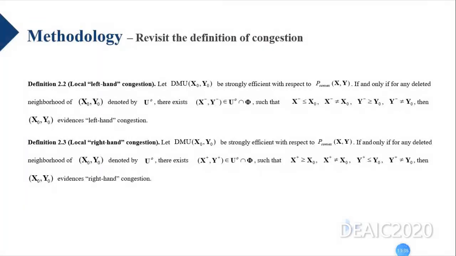The precise definitions of the left congestion and the right congestion are as definition 2.2 and 2.3. These local definitions effectively avoid the above two problems. In addition, the global definitions of left-hand congestion is equivalent to the local definitions of left-hand congestion, which is proved in our study.